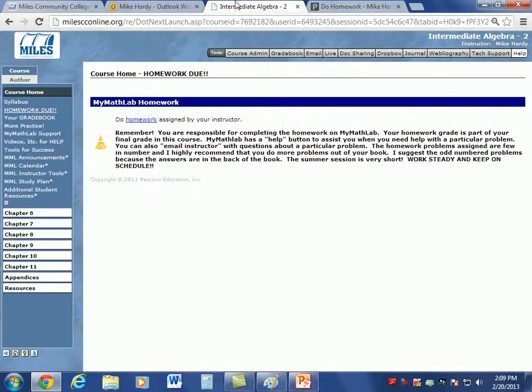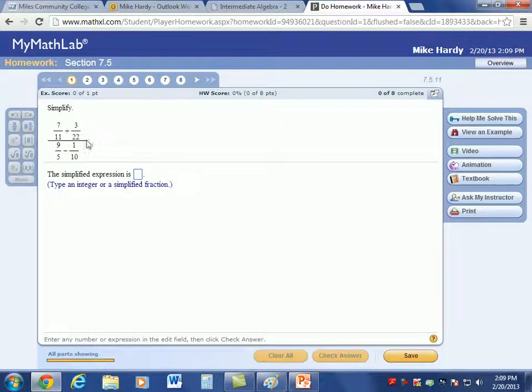So let's look at one of these problems. We're supposed to do this, and you can see it's a hairy looking problem. 7/11 plus 3/22 over 9/5 minus 1/10. You gotta take it one step at a time and unpack it. You can't just expect you're gonna get the solution or the right approach the very first time.